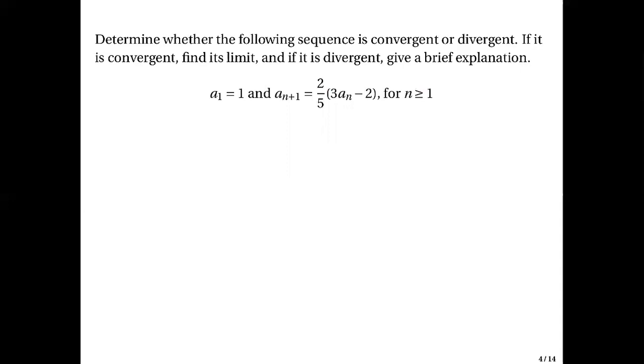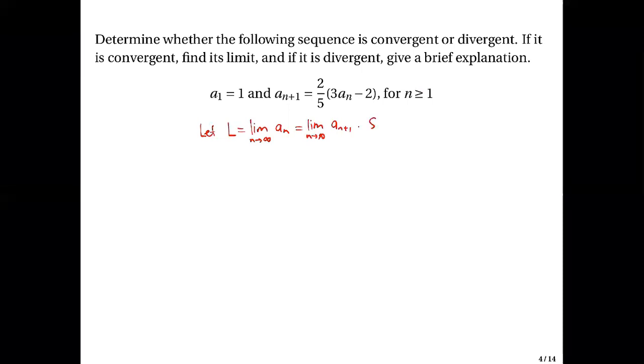So how do we do this? What we can do is the following. We say let L be equal to the limit as n approaches infinity of a sub n. And this is also the limit as n approaches infinity of a sub n plus 1. Okay?